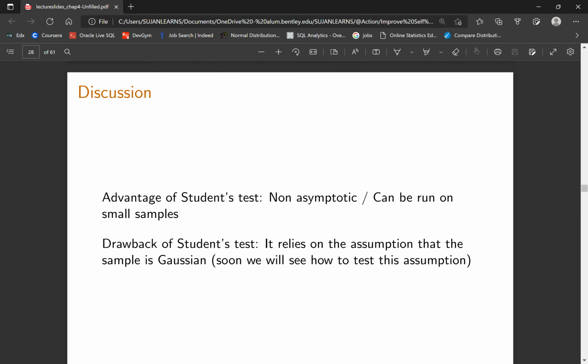Now next comes the large sample. For a large sample we don't need the assumption that data is Gaussian distributed, because whether data is Gaussian distributed or not, when we are testing asymptotically, the central limit theorem kicks in and everything becomes Gaussian.